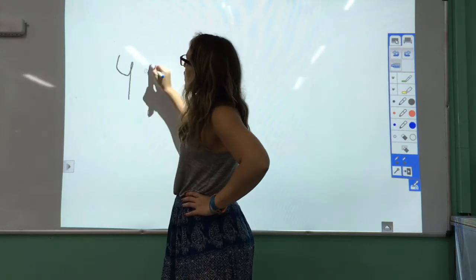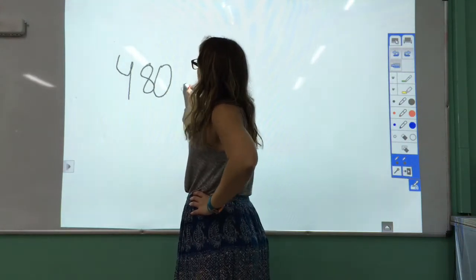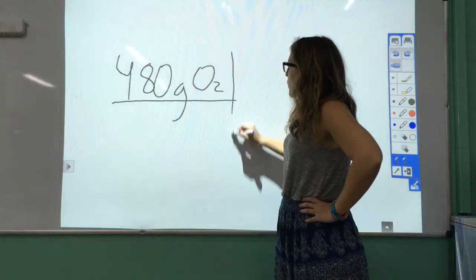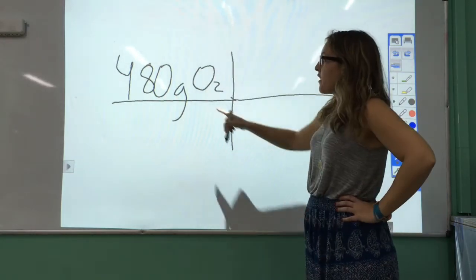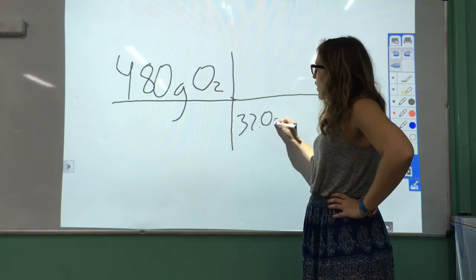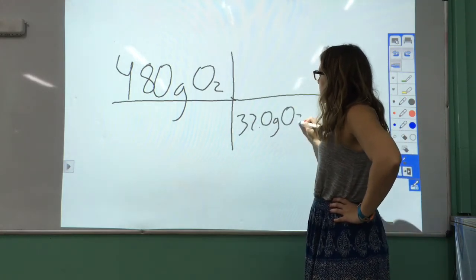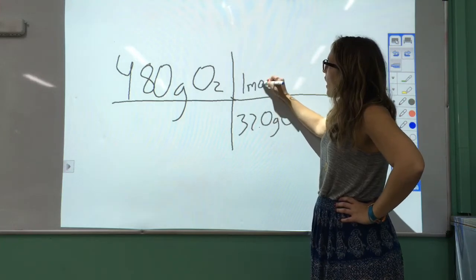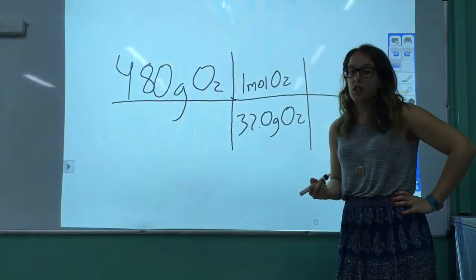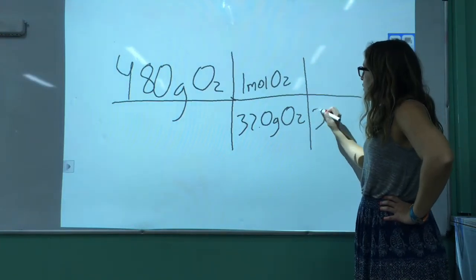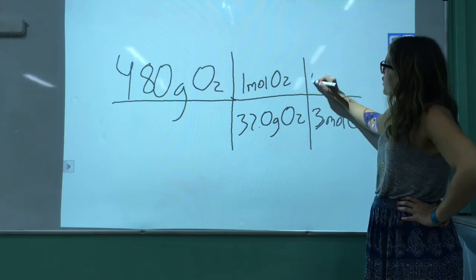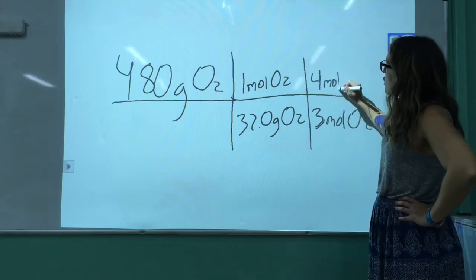So we are starting with 480 grams of oxygen. We have to go backwards again. So now we go 32.0 grams of oxygen for every 1 mole of oxygen. And then we said the mole-to-mole ratio is what? For every 3 moles of oxygen, there's 4 moles of aluminum.